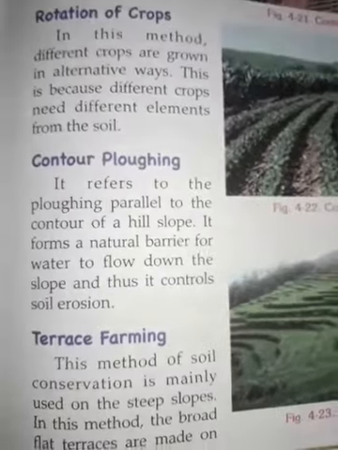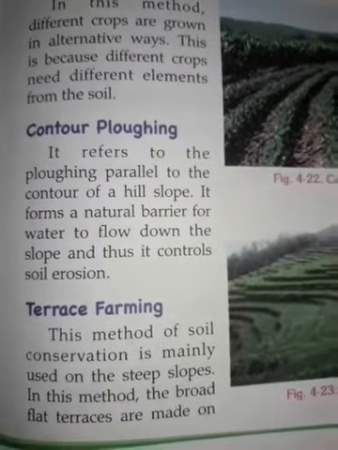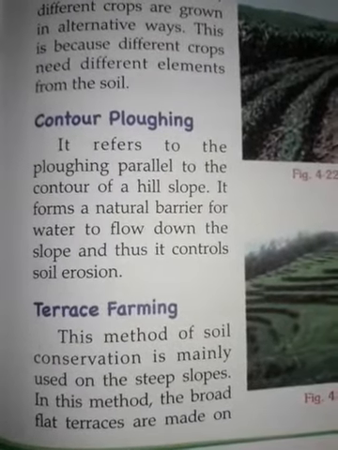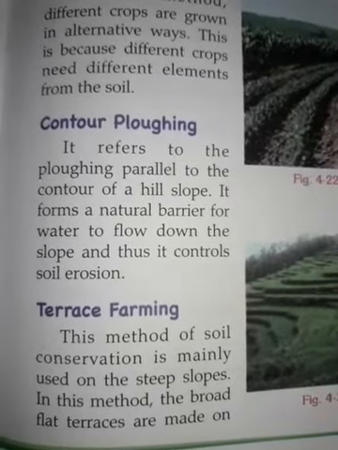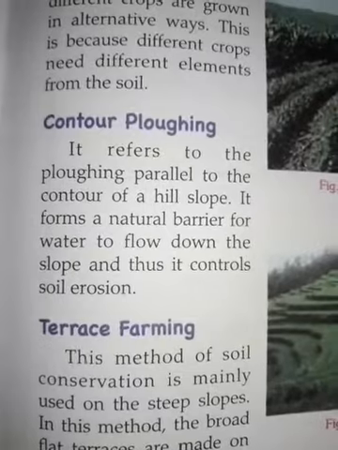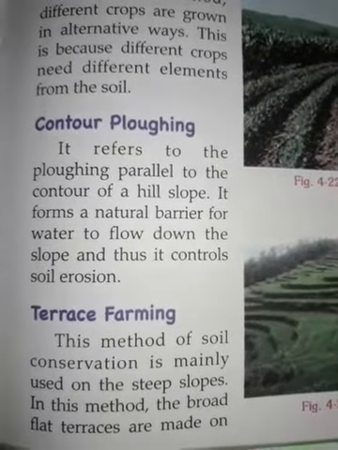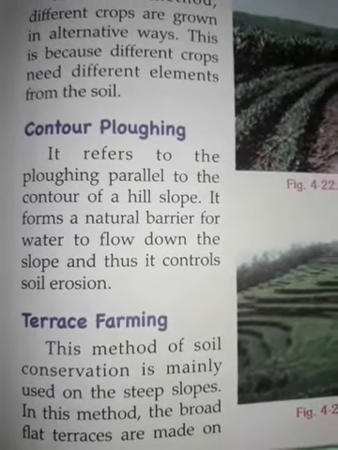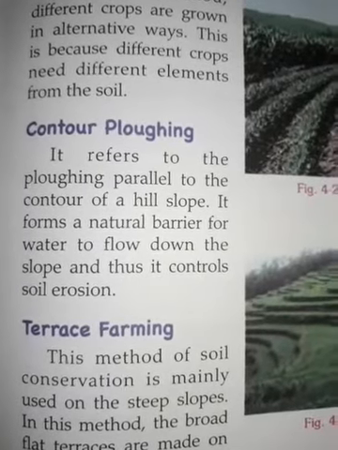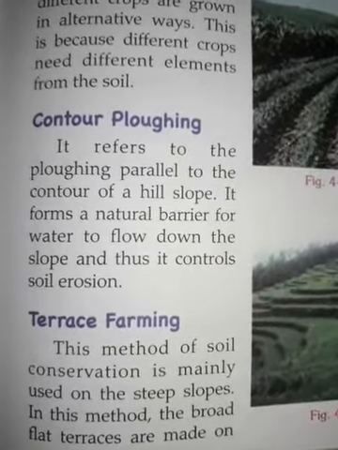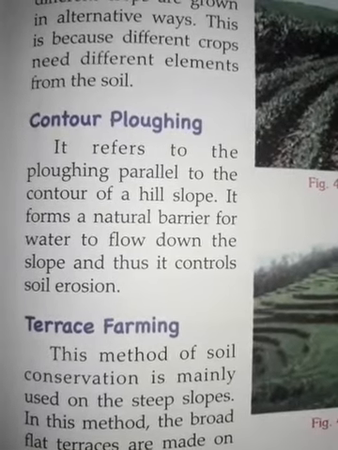Then terrace farming. Terrace farming is also done in the mountainous region. In this, the mountains are cut in the form of terraces so that the soil cannot run away downwards of the hill, and the soil can be protected from erosion.